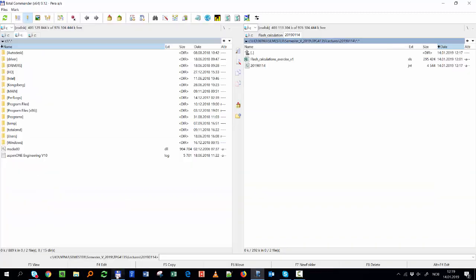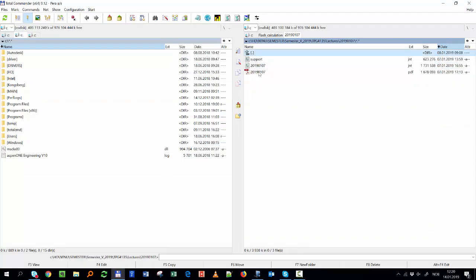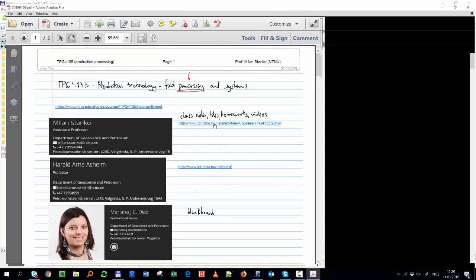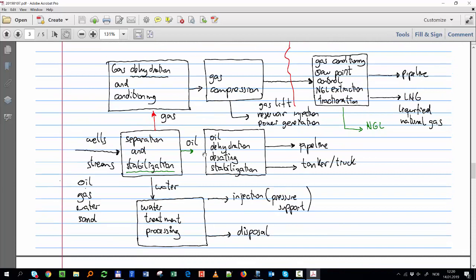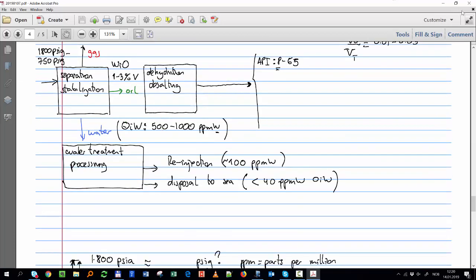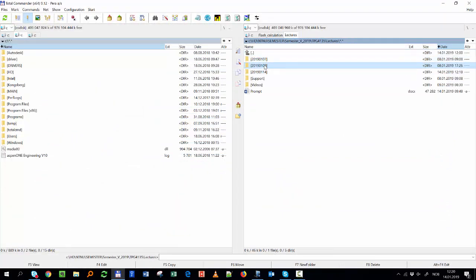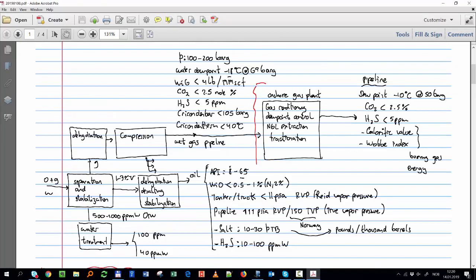So let's make a very short summary of what we have covered so far. We're starting to look at each block, more or less what oil and gas processing contains. It contains all of these different processes, and the goal is to deliver products with a certain spec for different parts of the process.